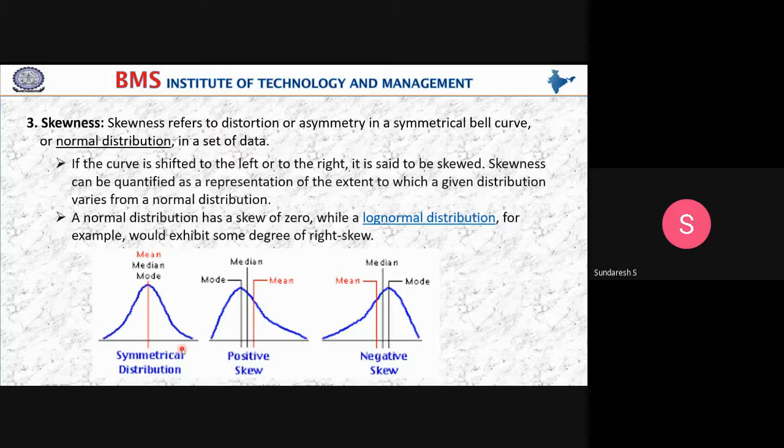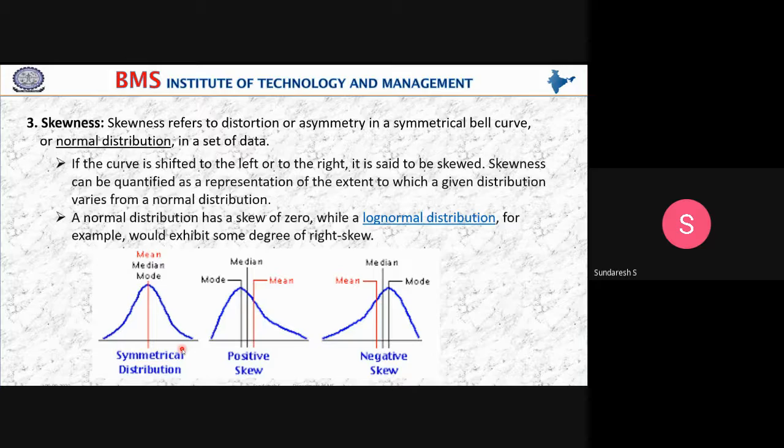It is the representation of the extent to which the given distribution varies from the normal distribution. How much shift, either to the left or to the right of the bell curve, has occurred, that measured amount of shifting is represented as the skewness of a given distribution. So we call that skewness.